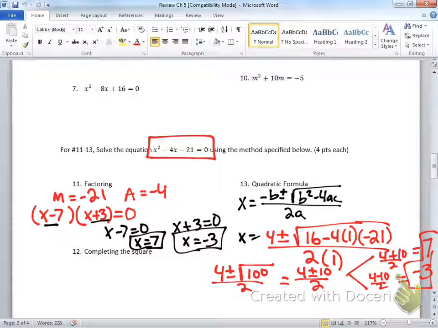Are you? Okay. Questions? Yeah, can we complete the square? Let's complete the square. To complete the square, you got to add the 21 to both sides and leave a little space. So x squared minus 4x, space, equals positive 21. Divide by 2.